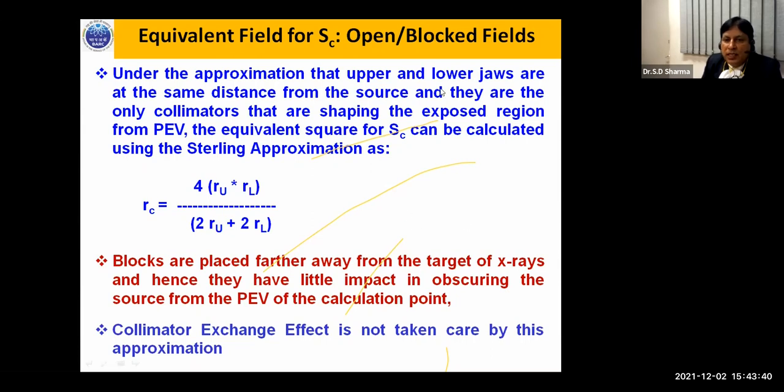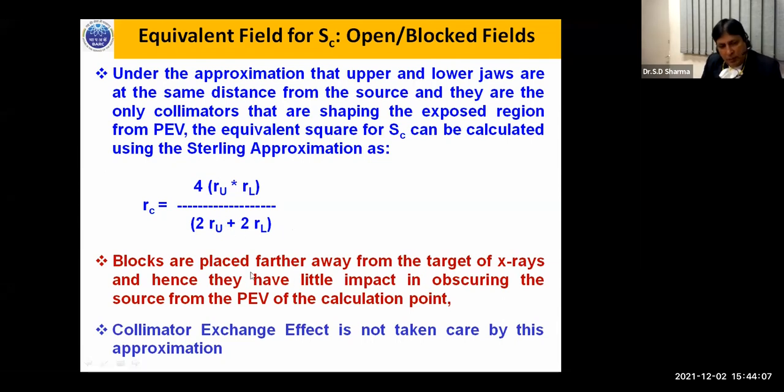So we can still treat them as jaw collimators. And if I assume as a first approximation that the distance of these two jaws from the source of radiation is not very significantly different, then one can apply the Sterling approximation for calculating the equivalent square by this formula. This is 4 into area by perimeter only.